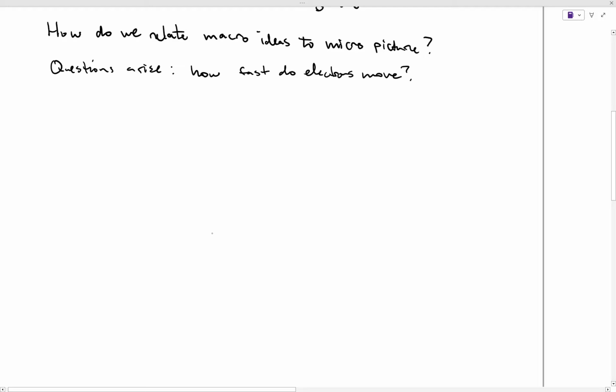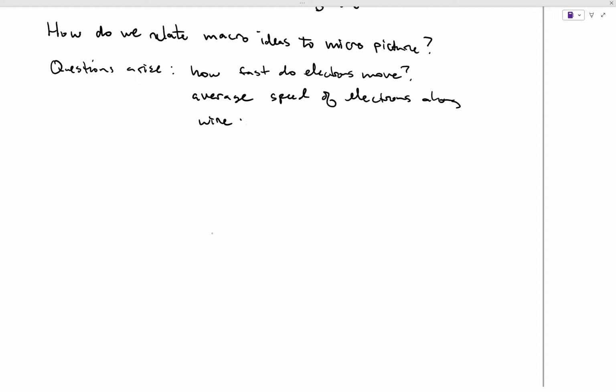And the quantity that we're going to get into is something called the drift velocity. So it's the average speed along the wire, and that's called the drift velocity. We'll look at an example on this topic in a second.